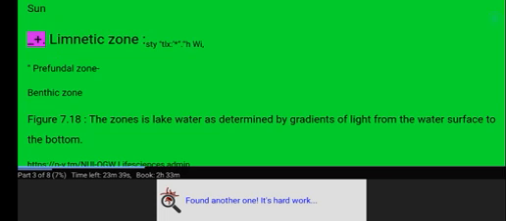Limnetic zone, profundal zone, benthic zone.